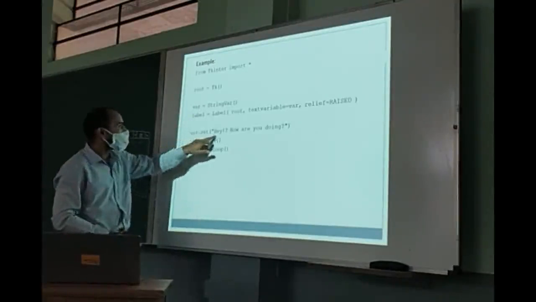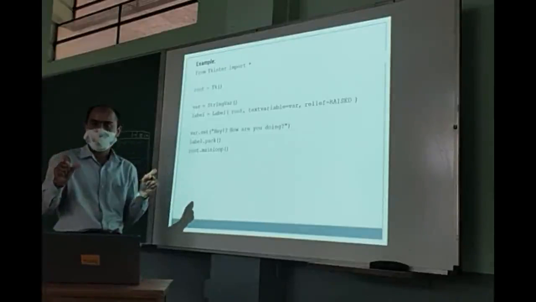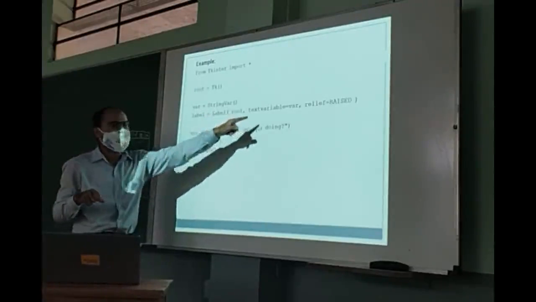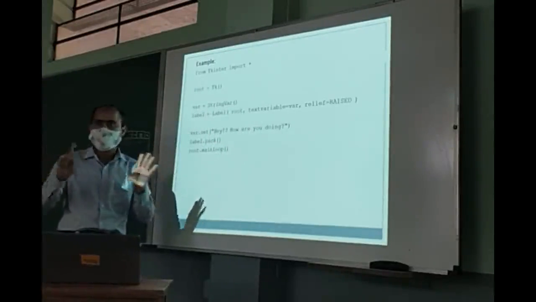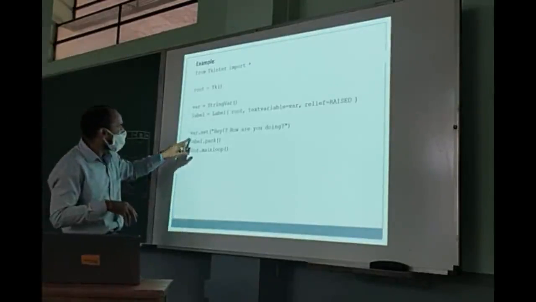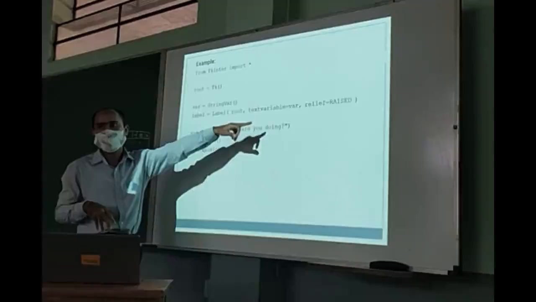Now look at this line: how we can change the content of a label at runtime. Initially when the label is created, there is no text assigned to it. We are not displaying anything. We display text at this point by using the var which we have assigned.